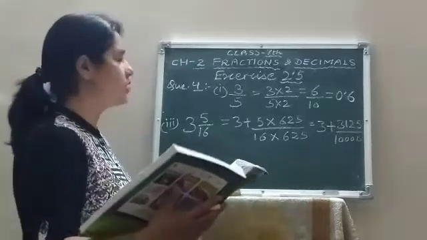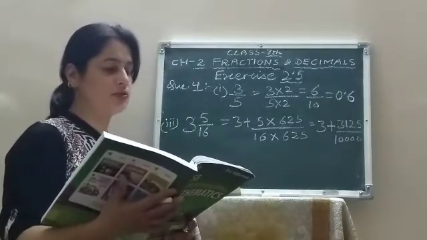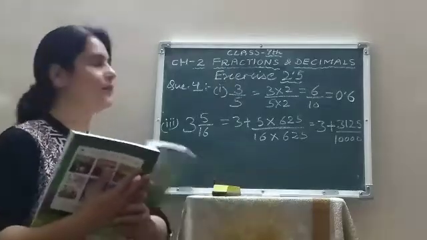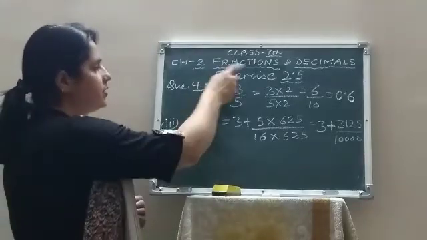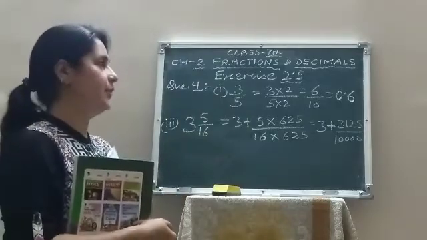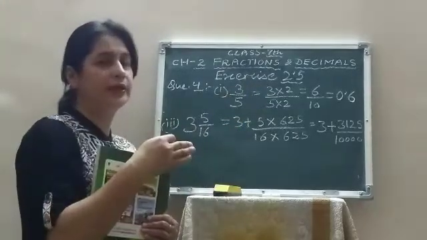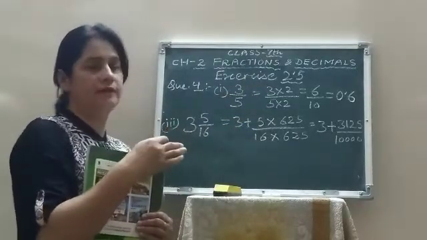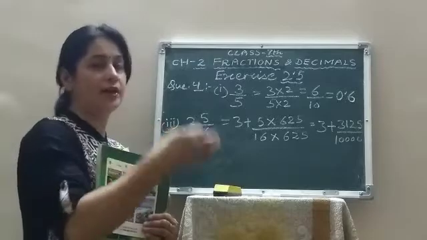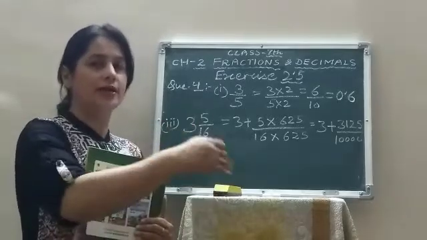Now children, question number 4. You have to convert the following fractions into decimal numbers. Now how will you convert this fraction 3 upon 5 into a decimal number? You have to make the denominator 10, that is, you either have to make the denominator 10 or 100 or 1000 or 10,000.